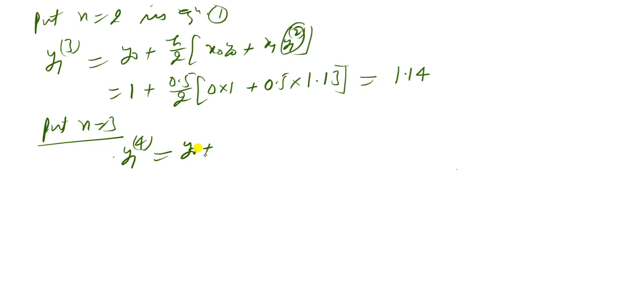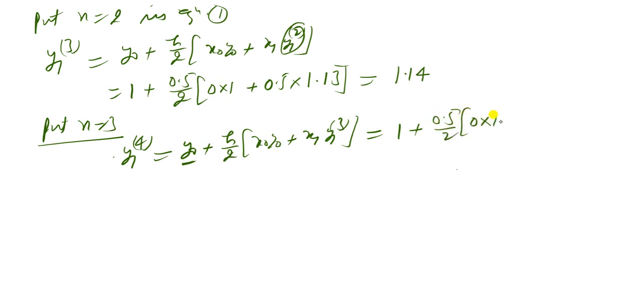Now put n is equal to 3 in equation 1, then we obtain y1 4. y1 4 is equal to y0 plus h upon 2 times x0 y0 plus x1 y1 3. Now taking the value of y0 is 1, 0.5 upon 2, x0 is 0, y0 is 1, x1 is 0.5 and y1 3 is 1.14, and simplify this with the help of the calculator, then we obtain 1.14.